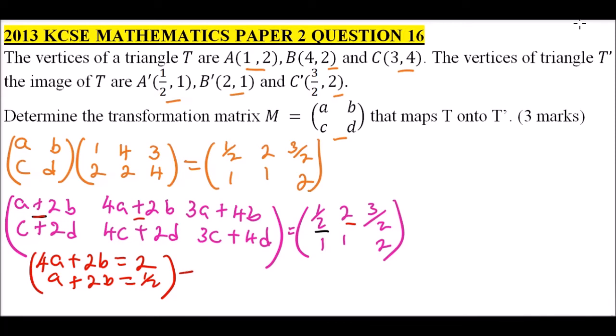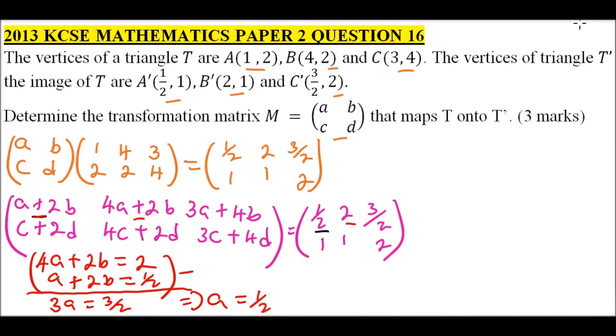We subtract so that we eliminate B, and that will give us 3A is equal to 2 minus a half, which is 1.5, the same as 3 over 2, implying that A is equal to a half.